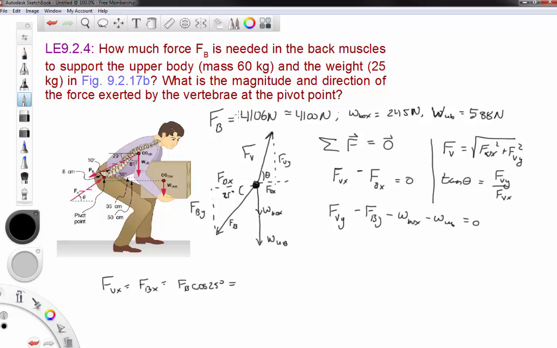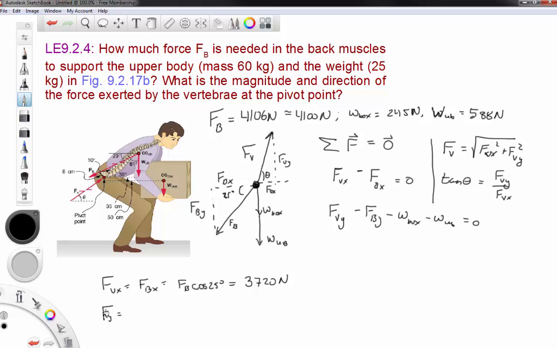Given that Fb is 4100, this means that the x component is going to be about 3,715. So we'll just call that 3,720 newtons. The y component, FVy, is going to be given by the sine.